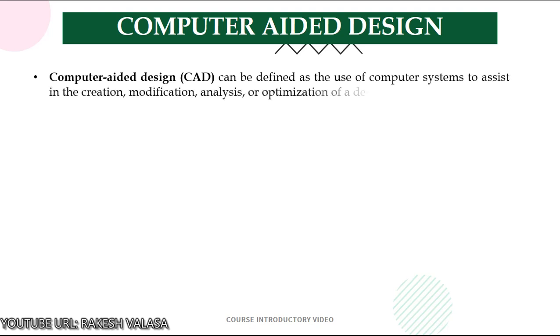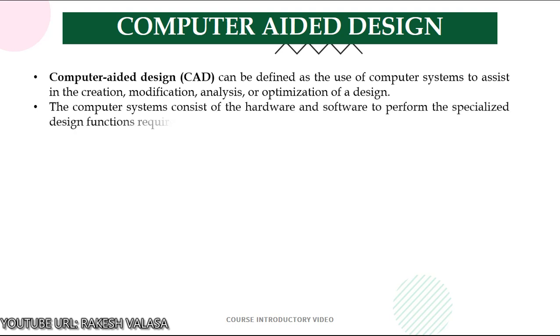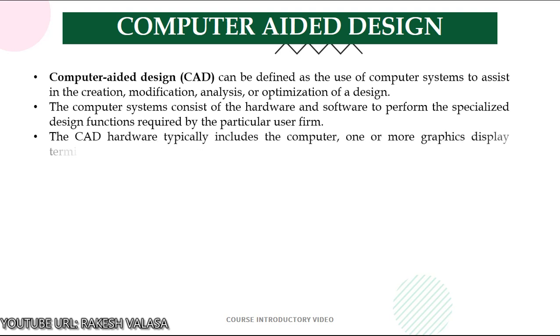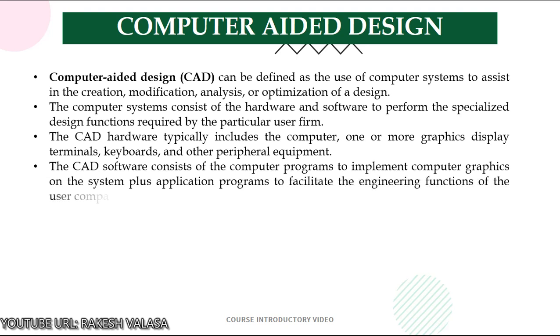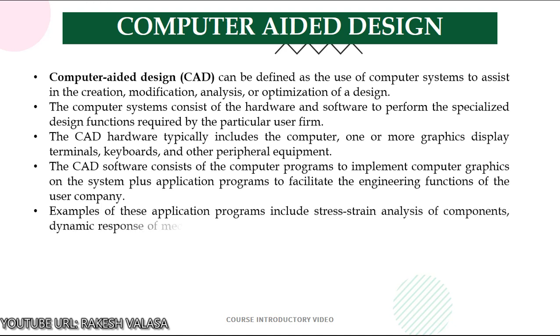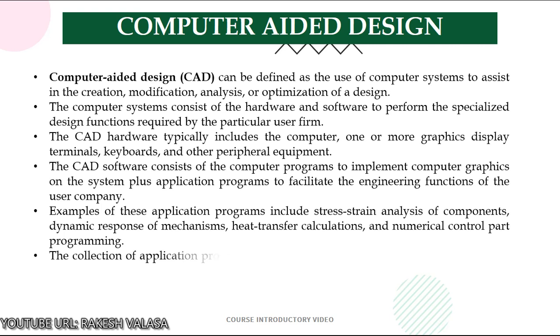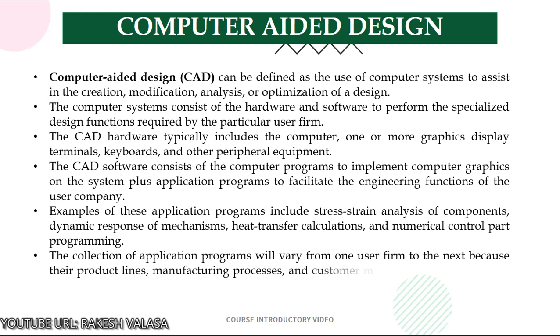It can be defined as the use of computer systems to assist in the creation, modification, analysis, or optimization of a design. The major activities covered under CAD are geometric modeling, engineering analysis, design review and analysis, automated drafting, generation of reports. The computer systems consist of hardware and software to perform the specialized design functions required by the particular user.